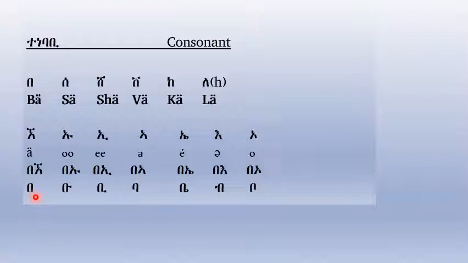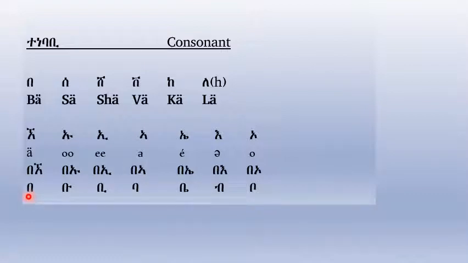This is not bu. This is be-u. This is bu. So I use this because English speakers use this kind of combination to produce different consonants with different sounds. So I use this as a transition from this to this one.